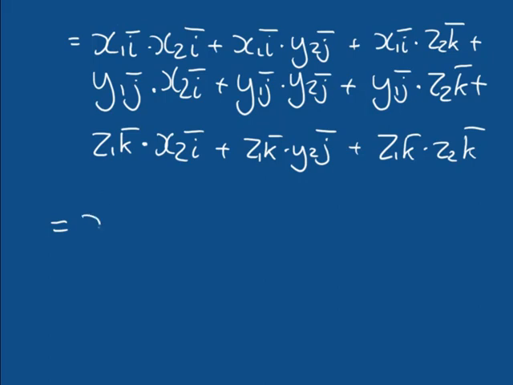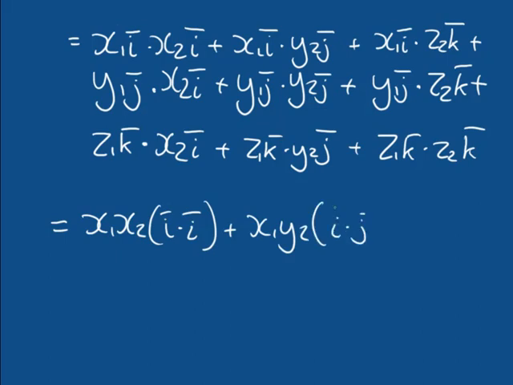So I'm going to rewrite this as x1, x2 multiplied by i dotted with i, plus x1, y2 multiplied by i dotted with j, plus x1, z2 multiplied by i dotted with k.